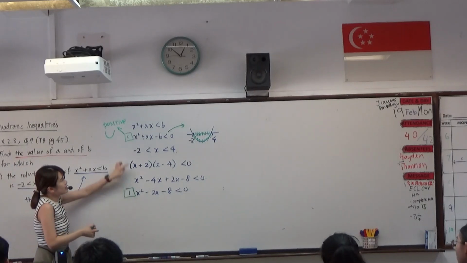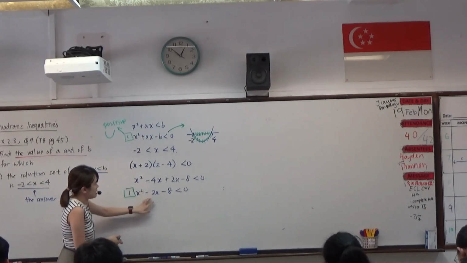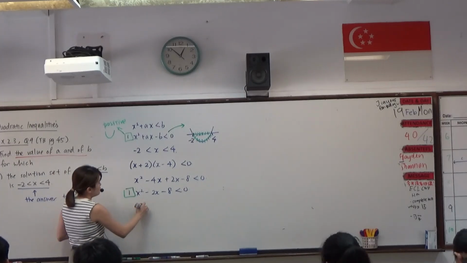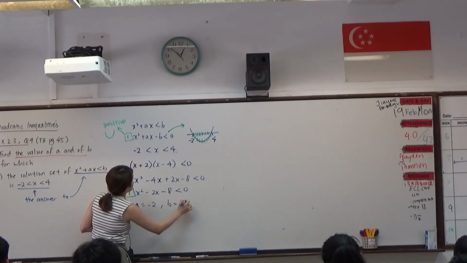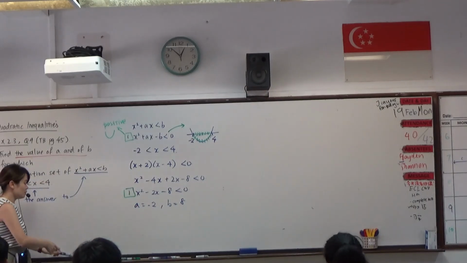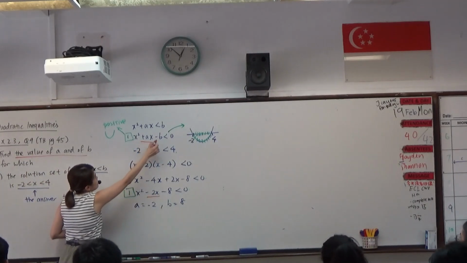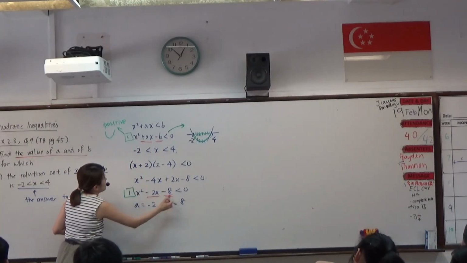Only at this stage, whereby the form is actually the same, can I do my comparison: a is going to be negative 2 and b is going to be 8. So we do a comparison between here and here and here and here.